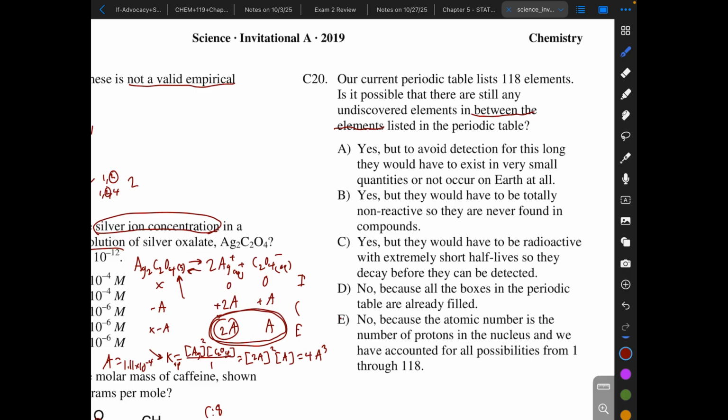Those are the elements we accounted for. We theoretically could have more with more reactions above 118, but for now, there are no more elements in between those. We accounted for all the nuclei possibilities from 1 to 118. So the answer to number 20 would be E.